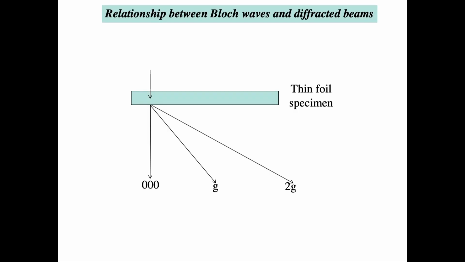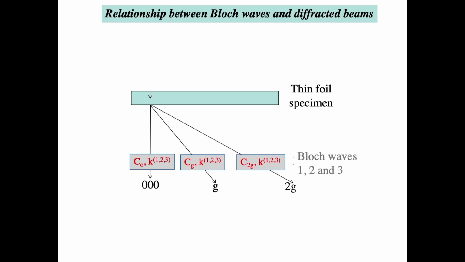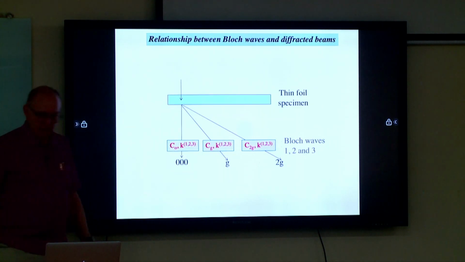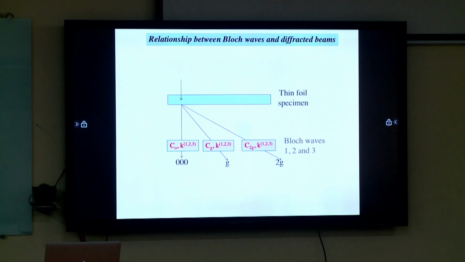So we can also say, okay, there's what we just saw, but actually there's going to be in this direct beam contributions from the first Bloch wave, the second Bloch wave, the third Bloch wave. And each of those is going to have a way that it's spread across the diffracted beams.